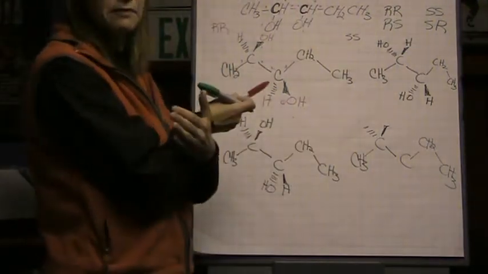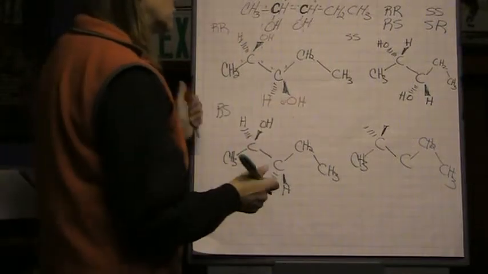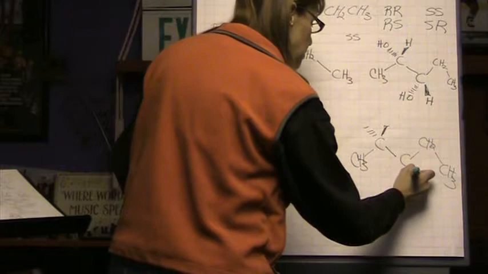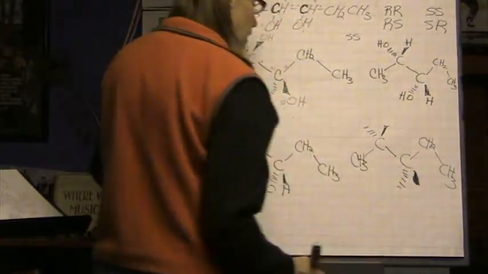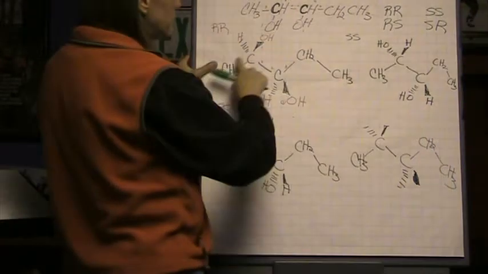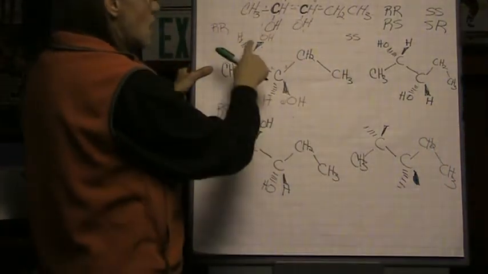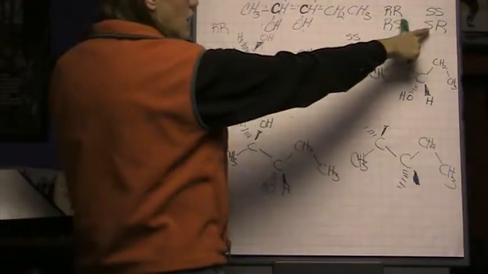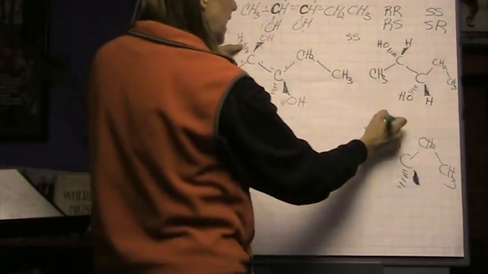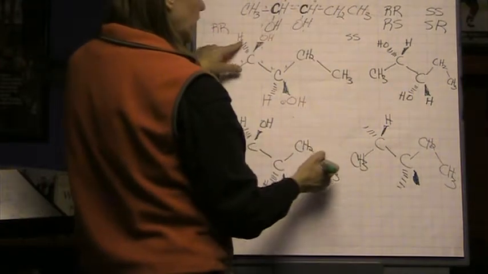Then if I reversed them, I'm moving more than two. So everybody identical to your original drawing, except we're going to move two things. I want SR, and I'm basing it off of RR here, so I want this to change. This is R, and I want it to be S, so switch those two. H from the dash to the wedge, OH from the wedge to the dash.